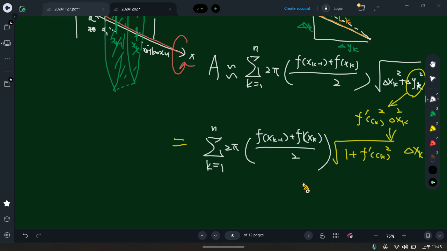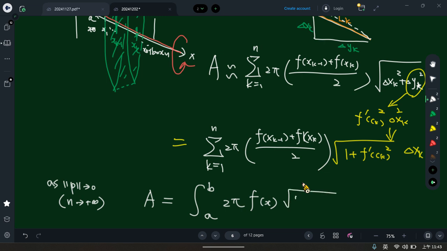Then again, as the norm of P is approaching 0 or n is approaching positive infinity, the result should be the integral from a to b of 2 pi f of x times the square root of 1 plus f prime x squared dx.